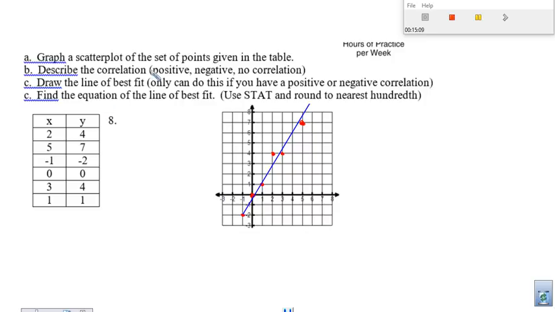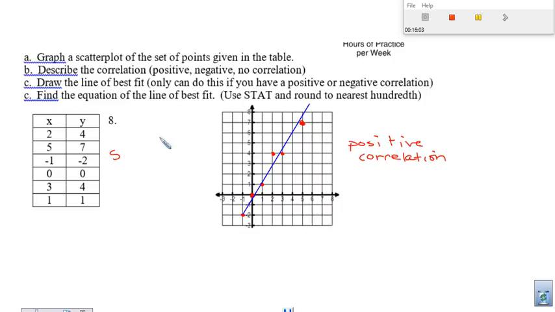The next thing you have to do is decide whether this is a positive or a negative correlation. In this case, we're going up from left to right. That means x is increasing as y increases. So that's a positive correlation. And then you need to find your line of best fit, which is you draw it.